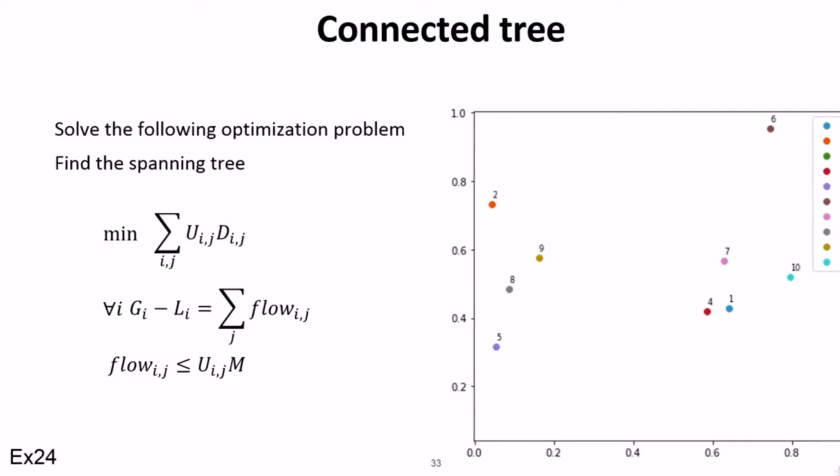Okay, so how can we solve that problem? In order to solve that, I assume that at every node there is a virtual demand that should be supplied.